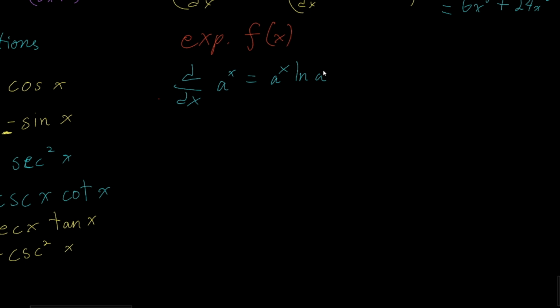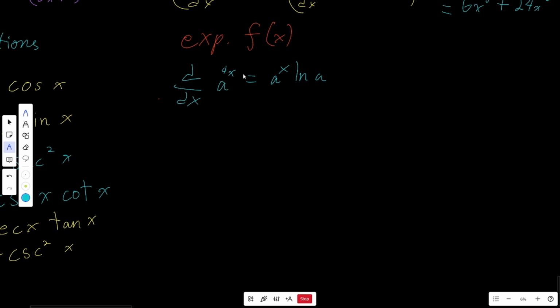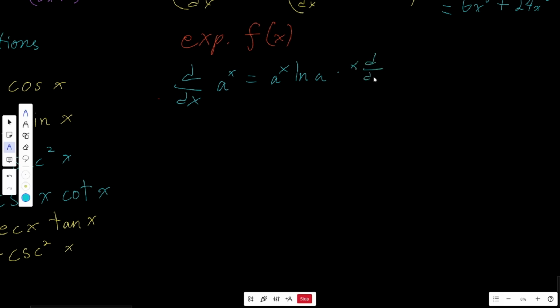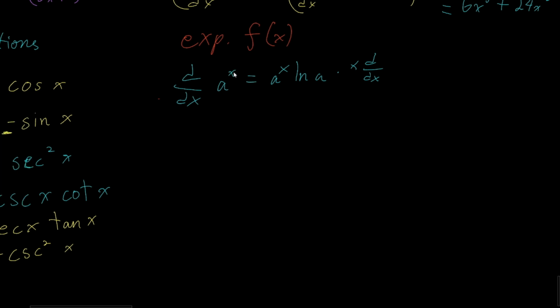And now, let's say that x has a value, like 4 or something. We're also multiplying this by the derivative of the upper function, which is d over dx of x. It just so happens that in this example, the derivative of x is 1. So it's the exact same.